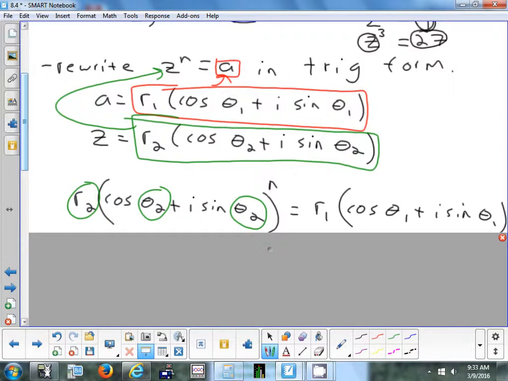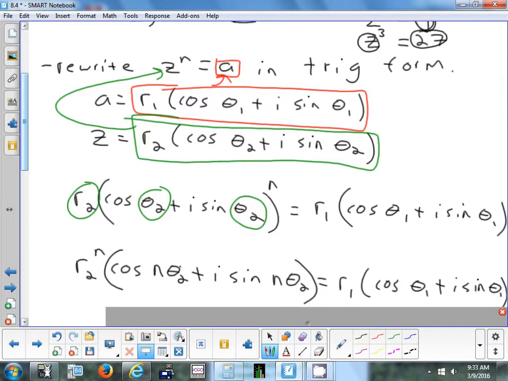Brendan? R2 to the n? Yeah, it's R2 to the n. So whatever the power is, raise R2 to the nth power. And then what do we do with the angle and the power? Multiply. So it's going to be cosine n theta 2. Everything else is going to stay the same. Cosine n theta 2, i sine n theta 2. Right-hand side, just copy down from up above.